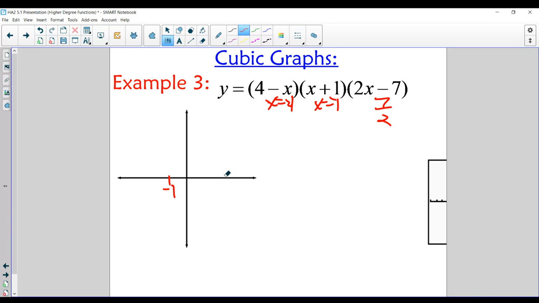One, 4, 5. There's my 7/2. There's my 4. There's my -1. If I multiply these out, so plug in 0 for the x's, I would have 4 times 1 times -7. So that would be -28.